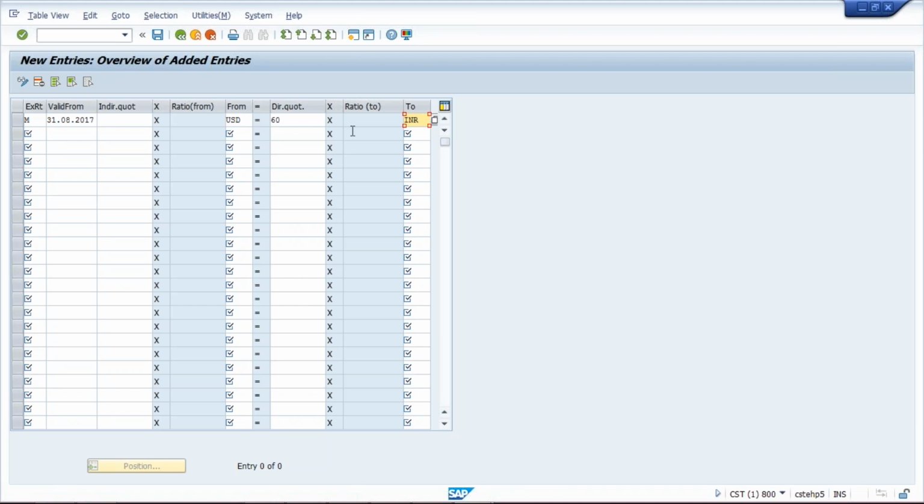From USD to INR, press enter. If you press enter, see here the ratio is 1 is to 1 itself.